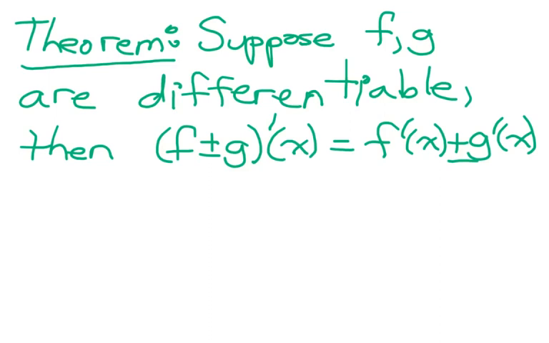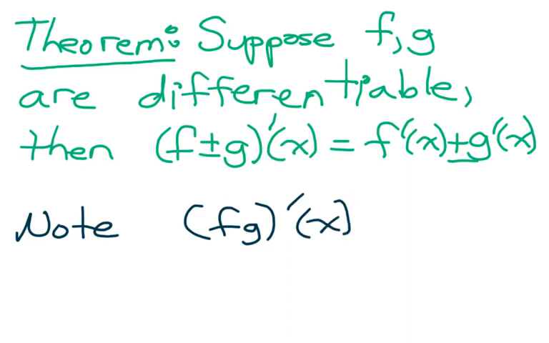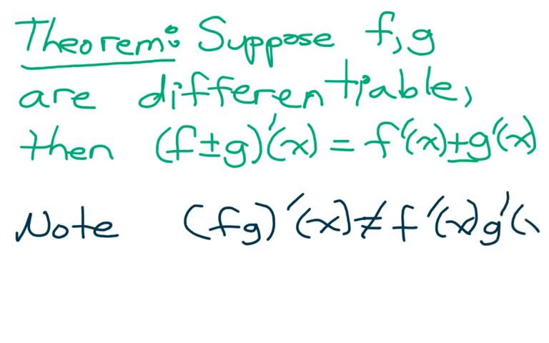But before we get to why this one's true, let's be clear of what we're not saying is true. So note, (f times g)'(x) is not necessarily equal to f prime of x times g prime of x. So before we start thinking that this is just some notation thing, it really is that if you're adding or subtracting the functions, then derivatives work nicely.